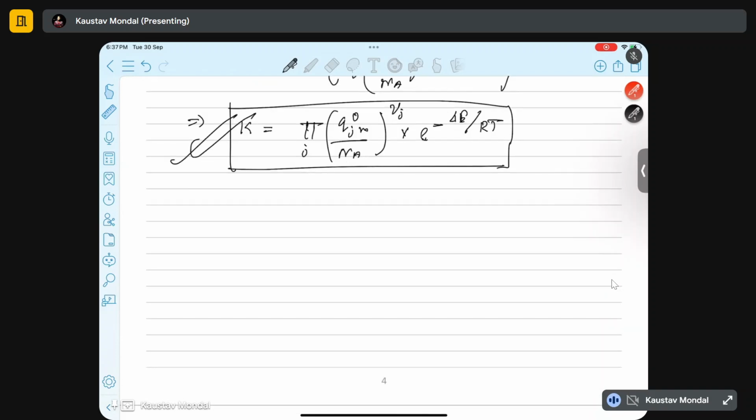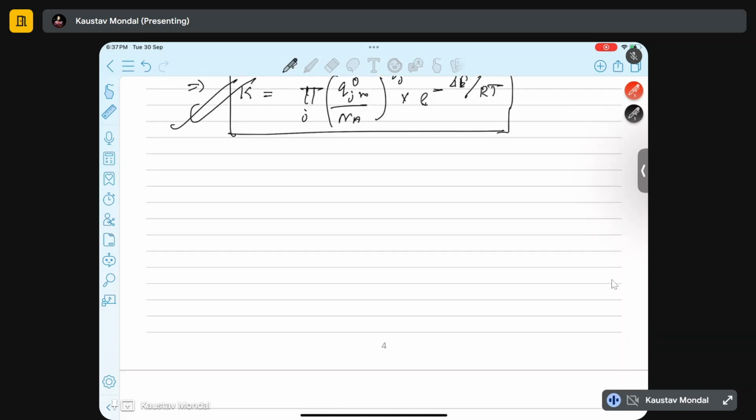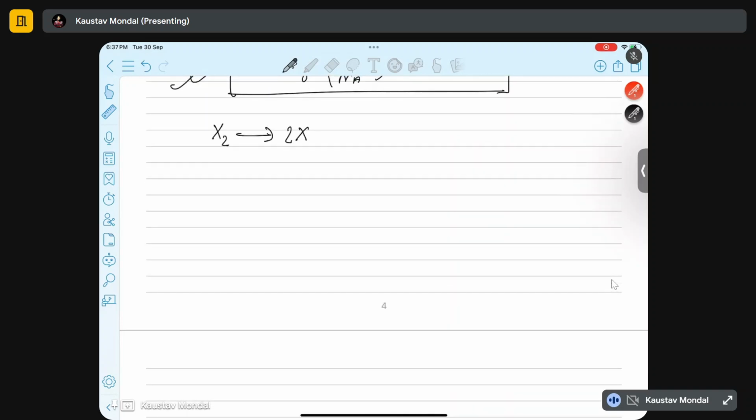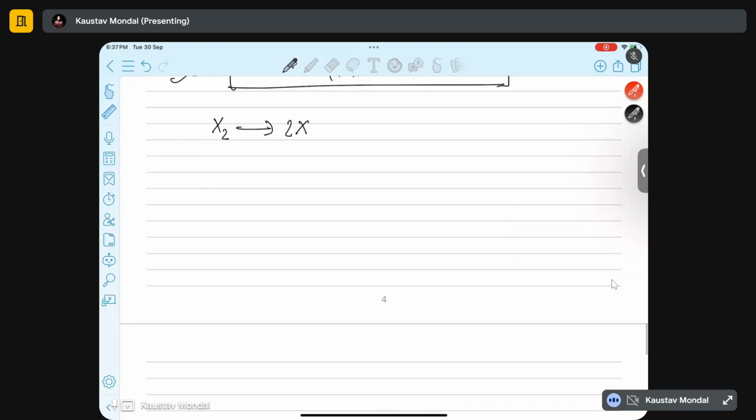First, let's take an easier example where dissociation is happening. X2 is a molecule, and after dissociation this X2 molecule gives 2 X atoms. For this case, what would be the expression of the equilibrium constant K?